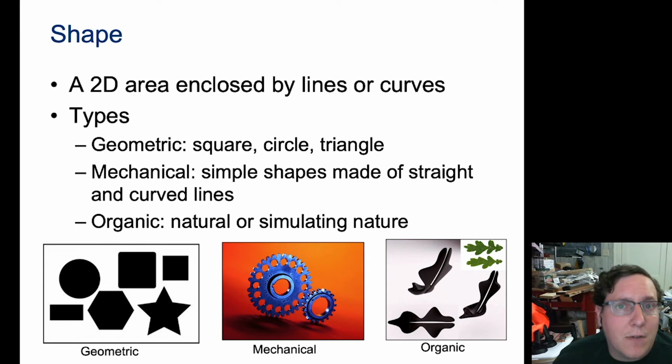These are things that can be created in nature, or they can be attempts at simulating nature. We may have an actual leaf from a tree, but when we go into the design process, we may use more curved lines, more defined edges to emulate the pattern of a leaf.